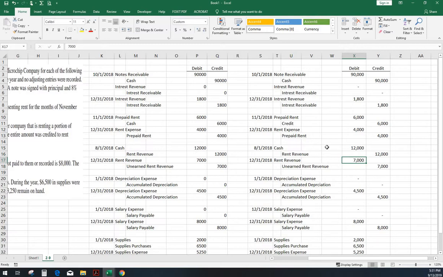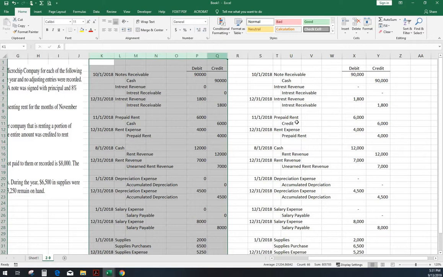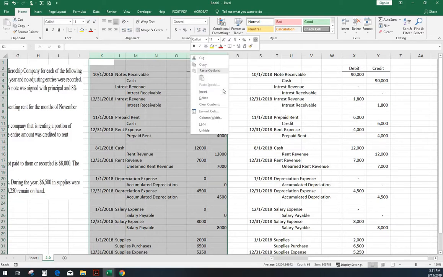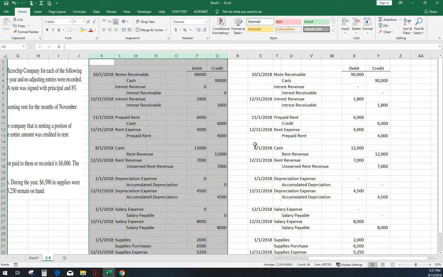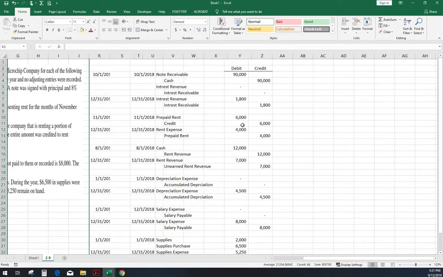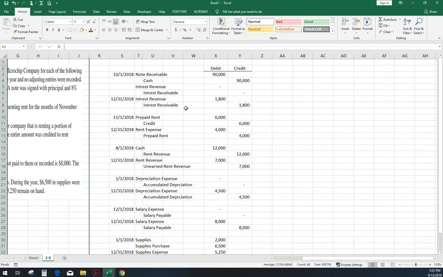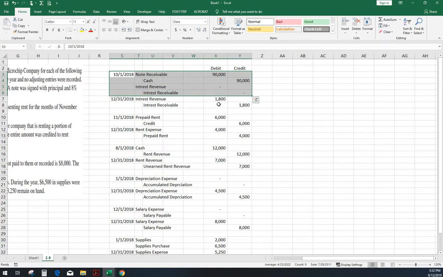But I compared these against the instructor's answers that we did in class before I recorded the video, so it looks like everything's correct. So that's just a brief overview of how you can calculate the adjusting entry by first knowing what the original entry would have been, and then using that information to help you get to the adjusting entry.